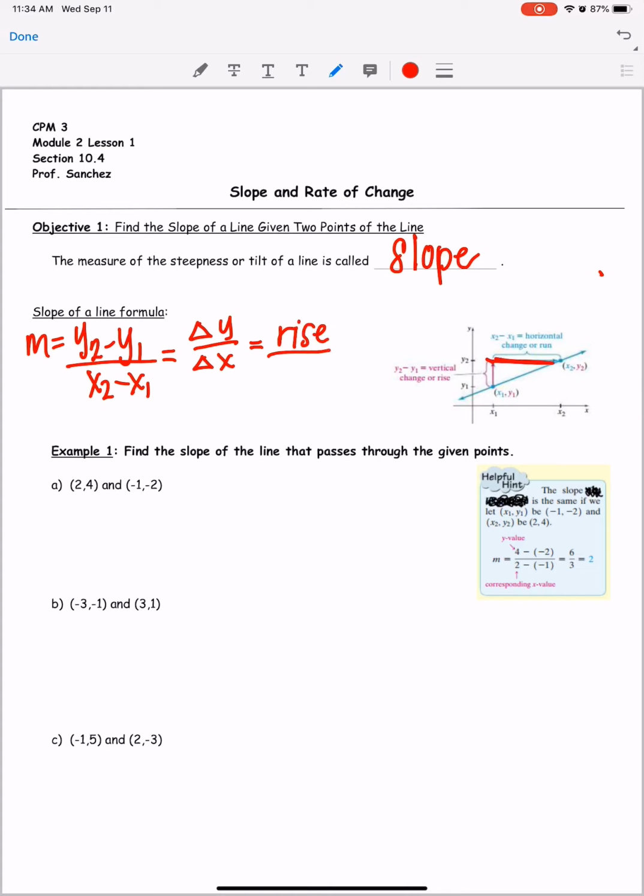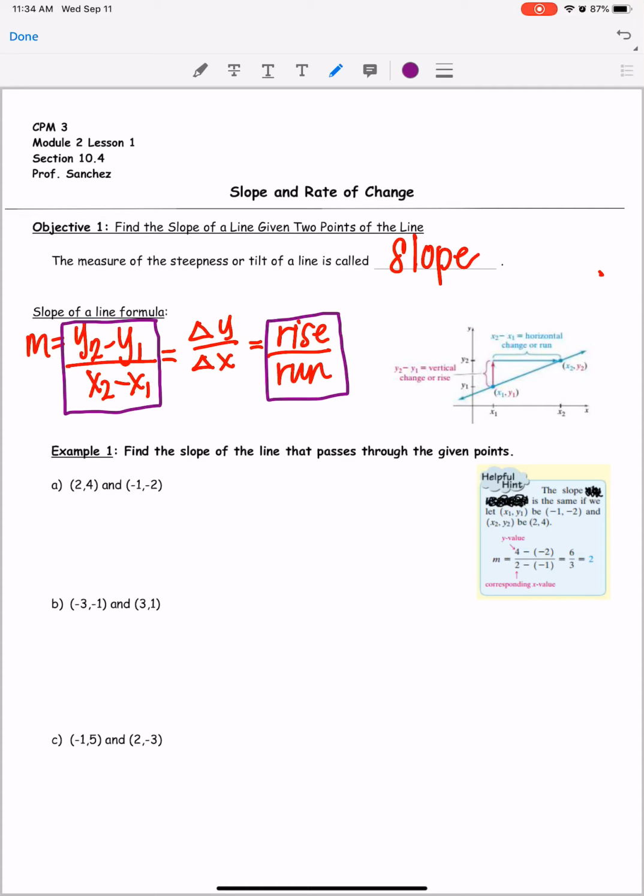And then you have the change of your x, which is your run. For our formula purposes, we need this formula and we need this formula. Don't really worry about this middle one, but I just wanted you to see it for when you go on to your next math class.